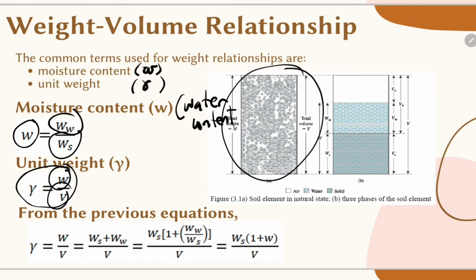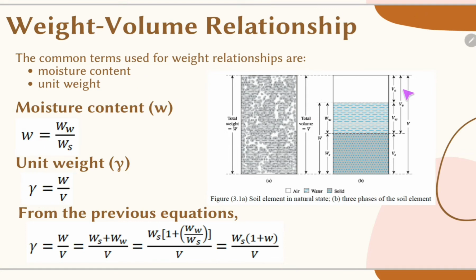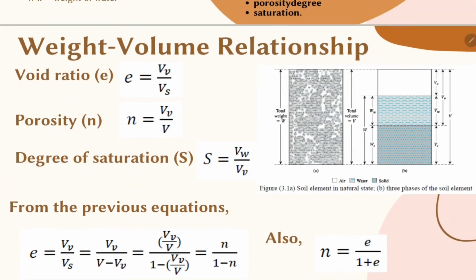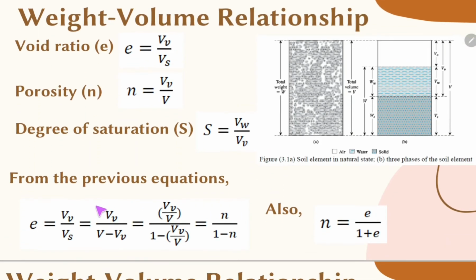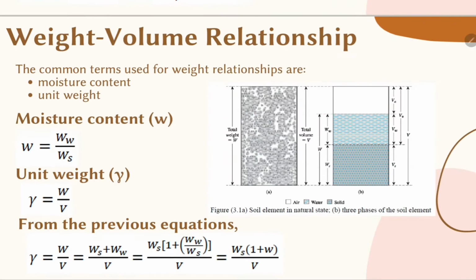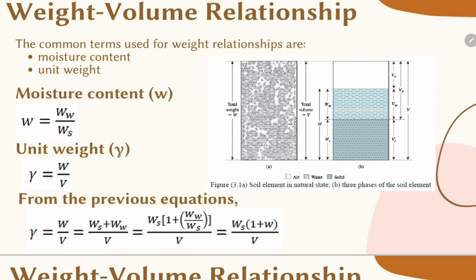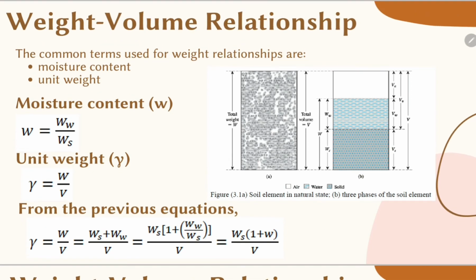Then, from the previous equations, ganun sa ginawa natin kanina, pinagsama-sama mo lang yung formula na to, ito, kaya nag-come up ka dito sa last formula na to. And then, same goes with this one. So, from gamma is equal to weight over volume.